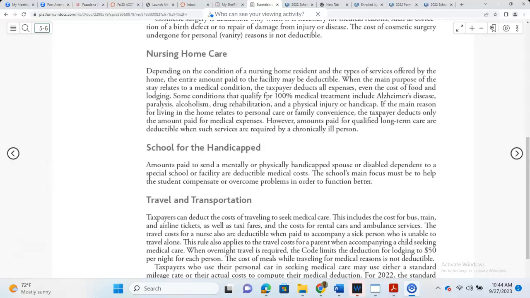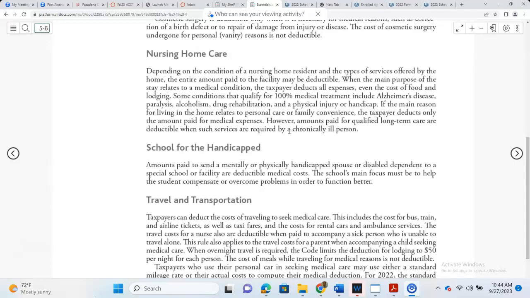Conditions that qualify for 100% medical treatment include Alzheimer's disease, paralysis, alcoholism, drug addiction, physical injury, and handicap. If the main reason for living in the home relates to personal care or family convenience, the taxpayer deducts only the amount paid for medical expense. However, amounts paid for qualified long-term care are deductible when such services are required.